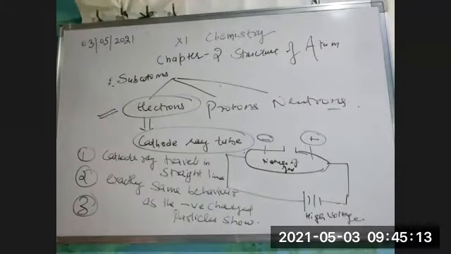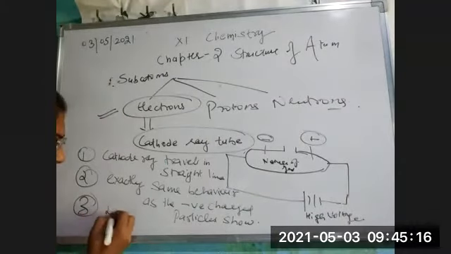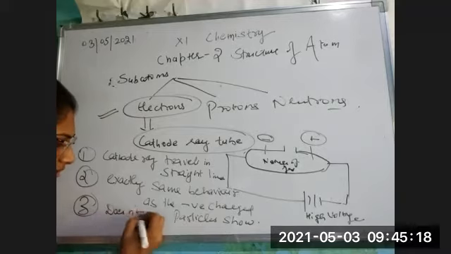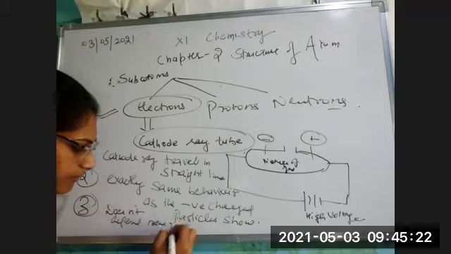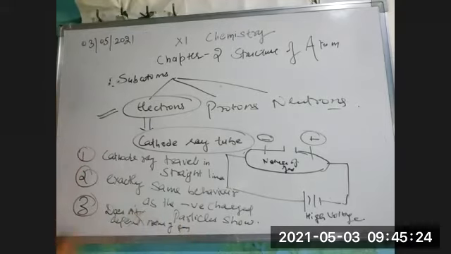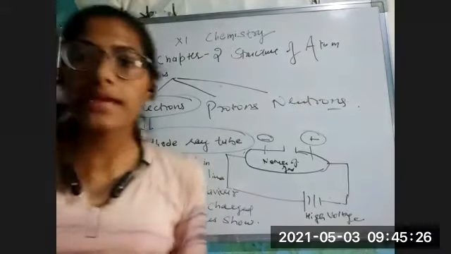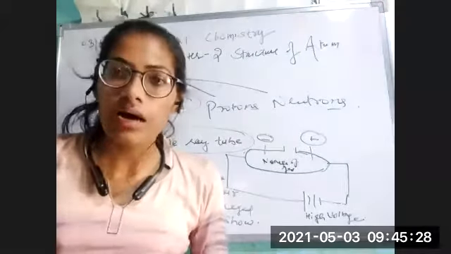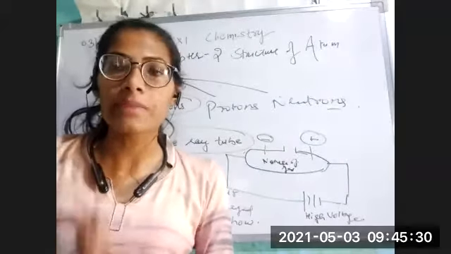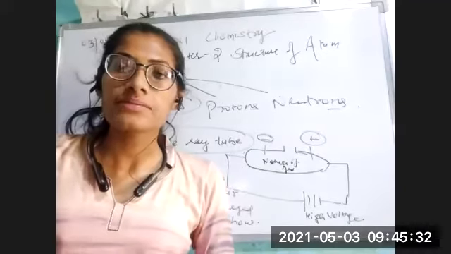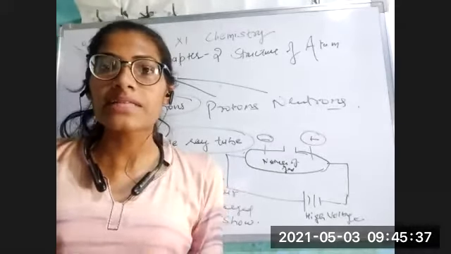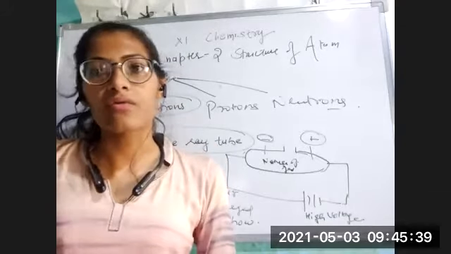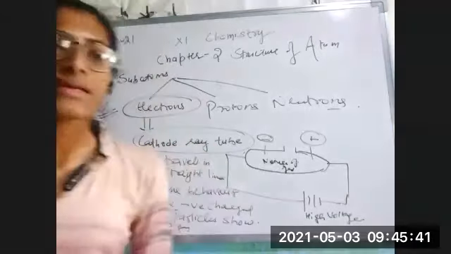And third, it does not depend on the nature of the gas. So these 3 points explain that electrons are discovered, and these are the main subatomic particle of any atom. It means they are present in all kinds of atoms. Okay, so I hope I'm clear with this.